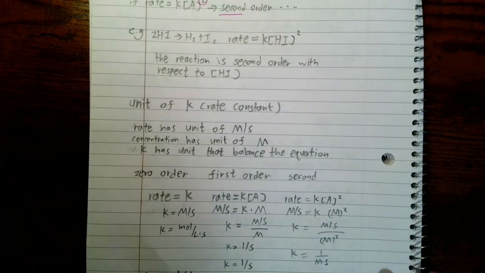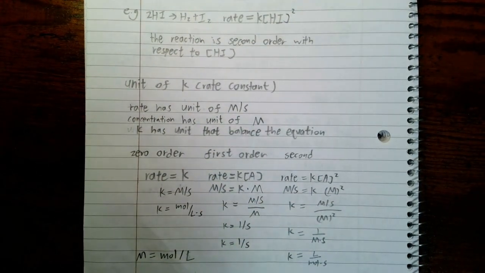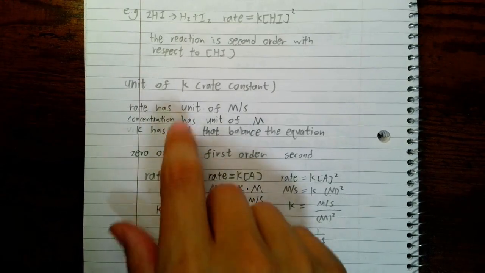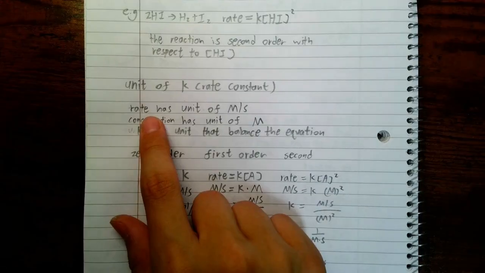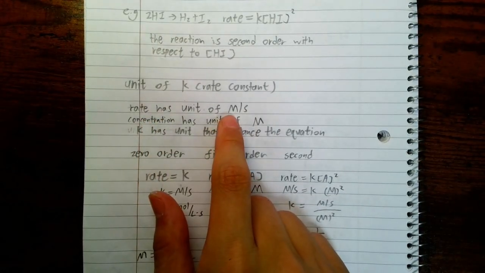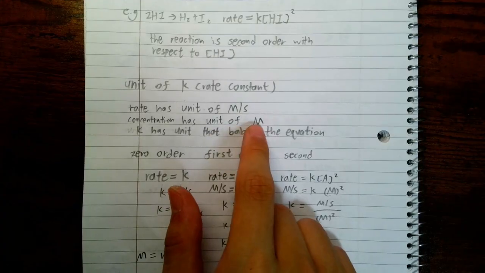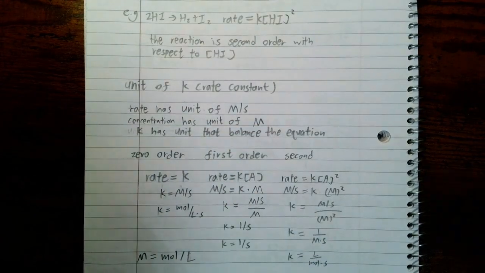Now let's talk about how to determine the unit of K, aka the rate constant. By default, the rate has a unit of molar concentration per second, and the concentration has a unit of M, the molar concentration unit.